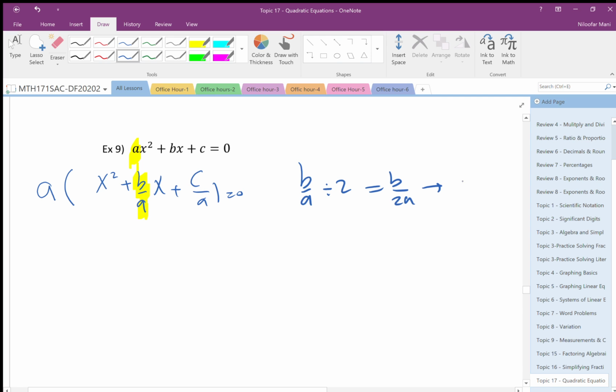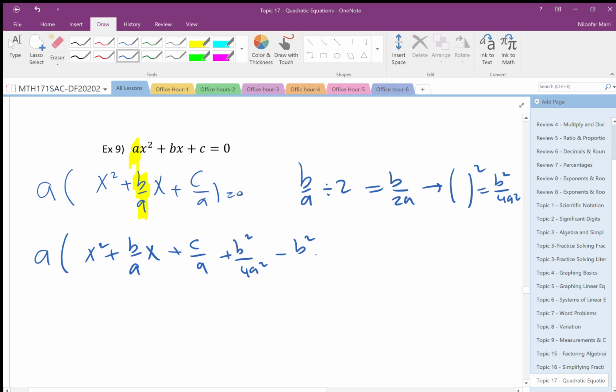Then I use power 2, which is b squared over 4a squared. Oh, perfect. So I add and subtract inside the bracket. Or I can just not talk about a because I know a is not 0. Okay, x squared plus b over a x plus c over a plus b squared over 4a squared minus b squared over 4a squared equals 0.